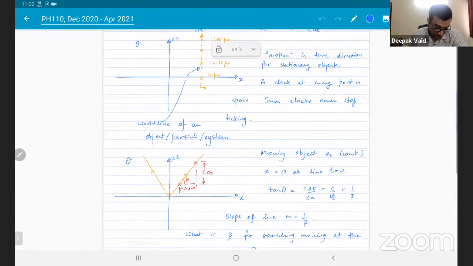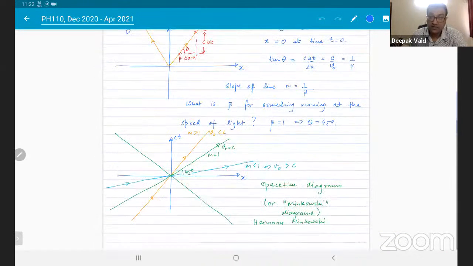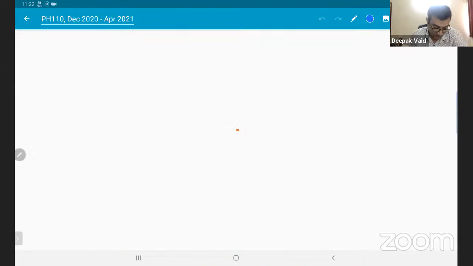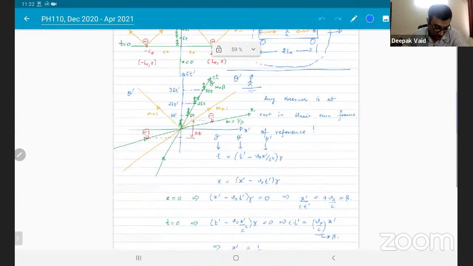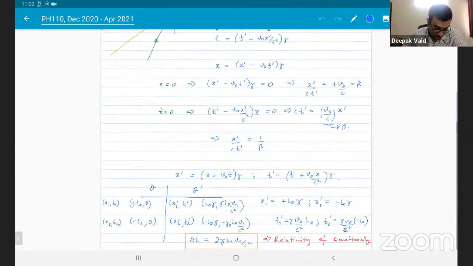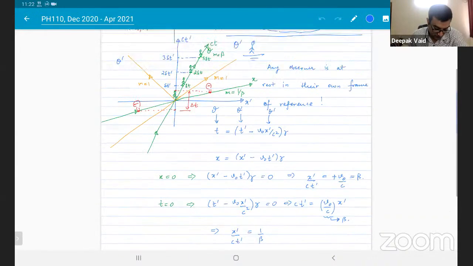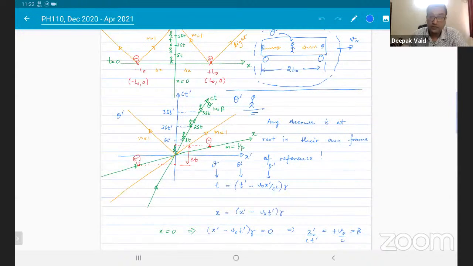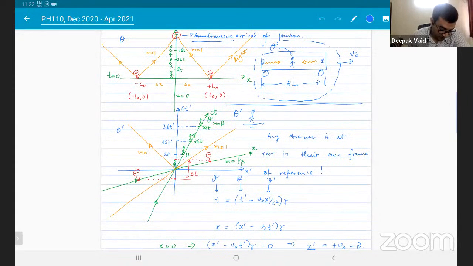And last time I started talking about space-time diagrams and how they are really nice in helping us understand what happens when we look at different observers in different frames of reference. In the previous class, for instance, I used this space-time diagram to show you how simultaneity is a relative concept.